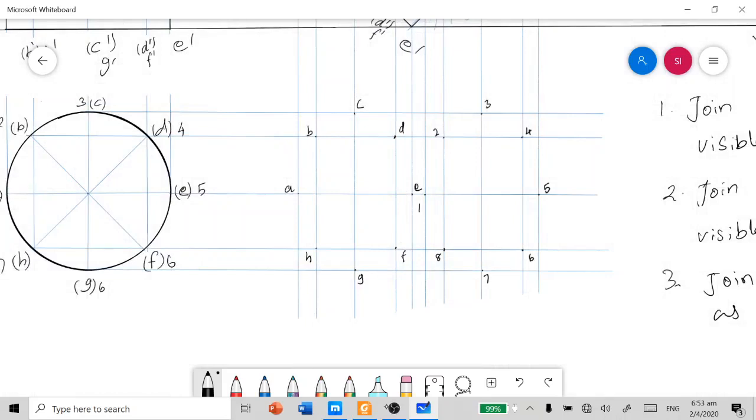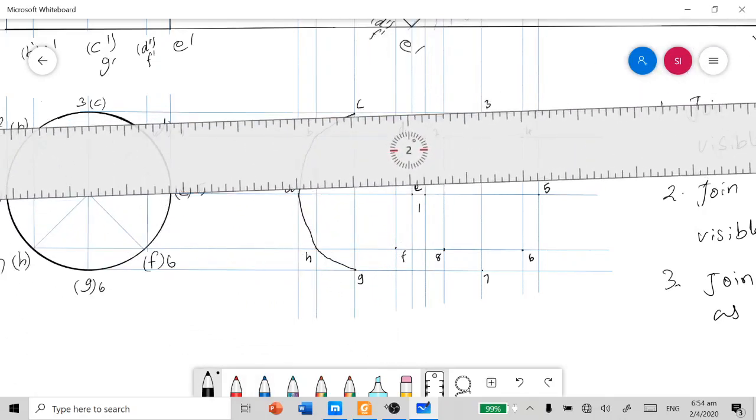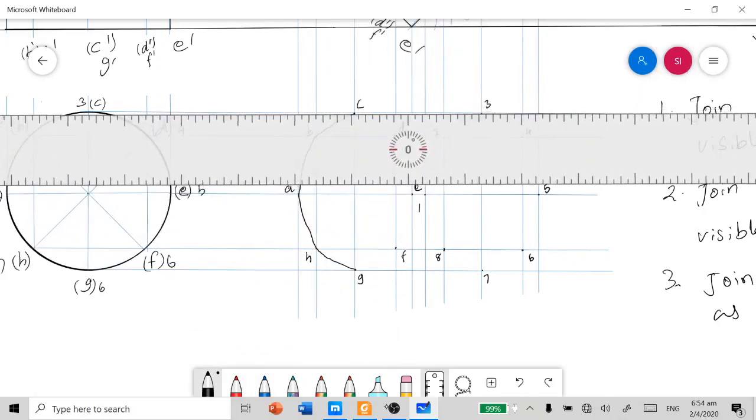The base points starting from the outermost base point, G, H, A, B up to C, can be joined as visible curves, and the points G, C and 3 are the generator points. This has to be joined as a straight line, since it is a lateral generator, I have to connect it as a line.